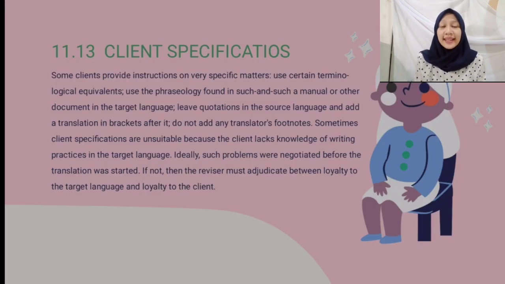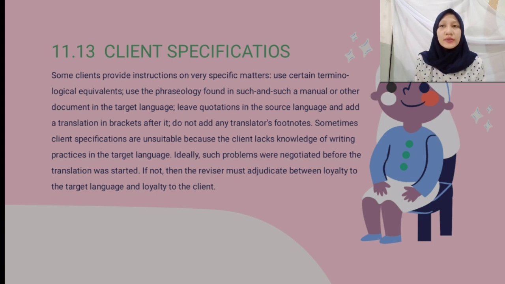The next is client specifications. Some clients provide very precise instructions, such as using terminological equivalents, using phraseology from such and such a manual or other text in the target language, leaving quotes in the source language and adding a translation in brackets after it, and not including any translator footnotes.